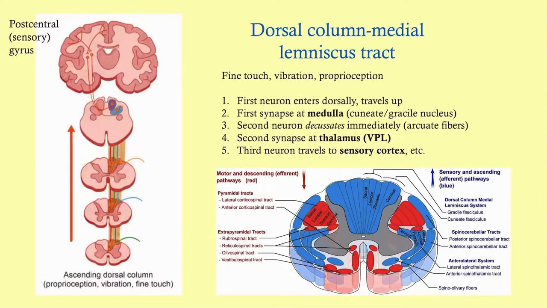It transduces a signal from the skin all the way to the spinal cord. This neuron enters dorsally. All your sensory information is going to enter dorsally, so up here. As you enter dorsally, you come up into this tract here. This is the dorsal column.